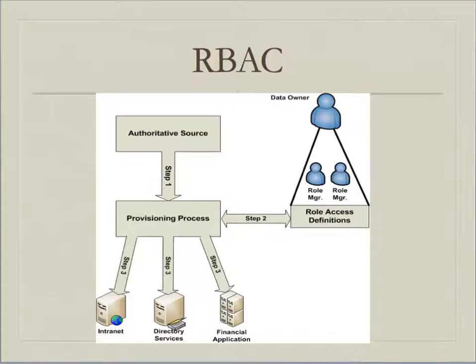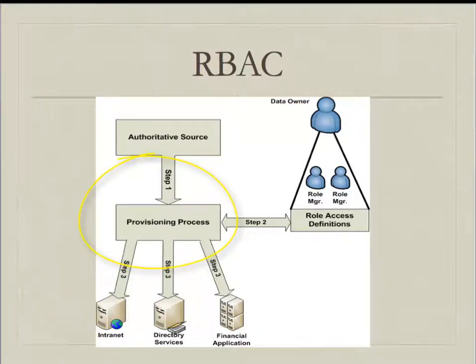Once the role managers do that, they submit that to the data owner for approval, and the data owner looks at it for enforcement of least privilege, need to know, and separation of duties, and if everything's fine, it's approved. Once it's approved, the roles then are implemented, usually by security, in the provisioning system.